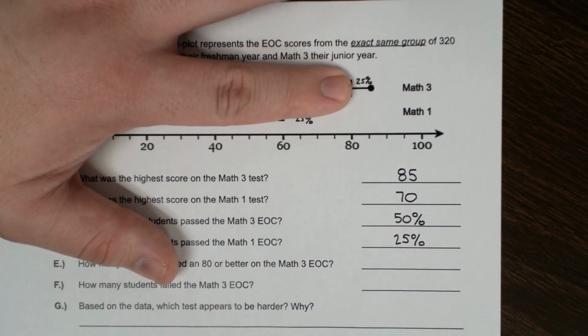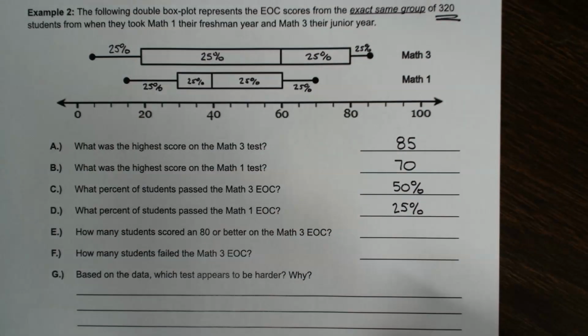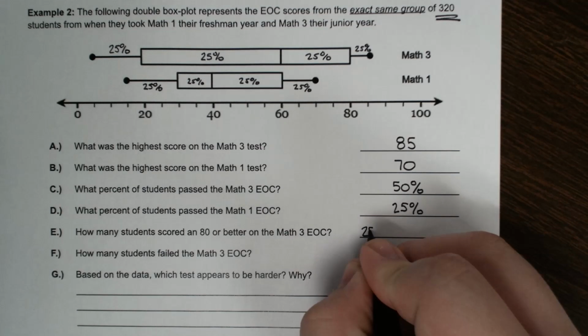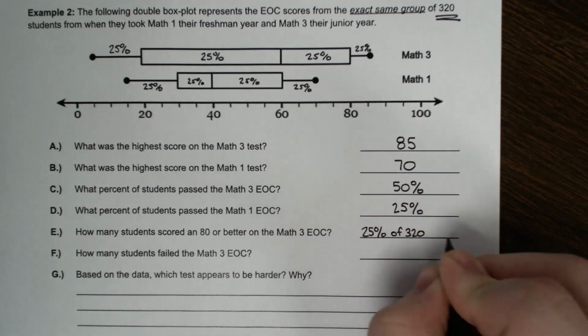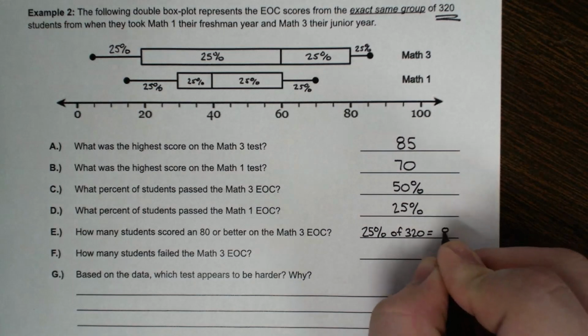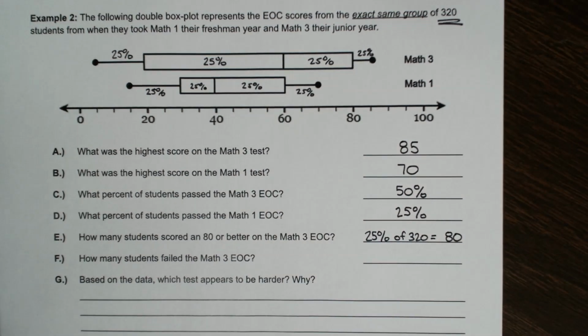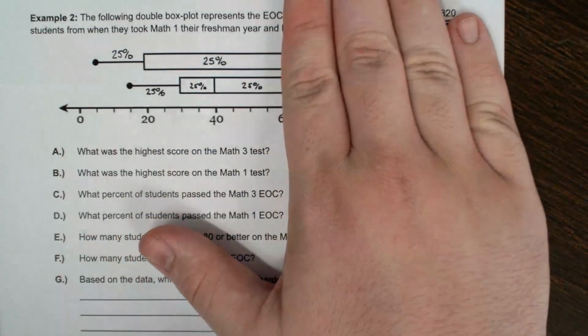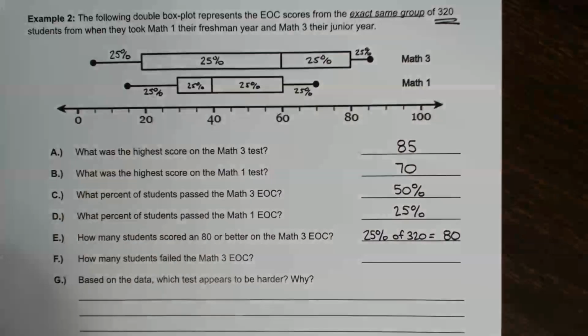Yeah, 25% of 320 students is 80. Okay, how many students failed the Math 3 EOC? So, half failed. Half of 320 is 160.